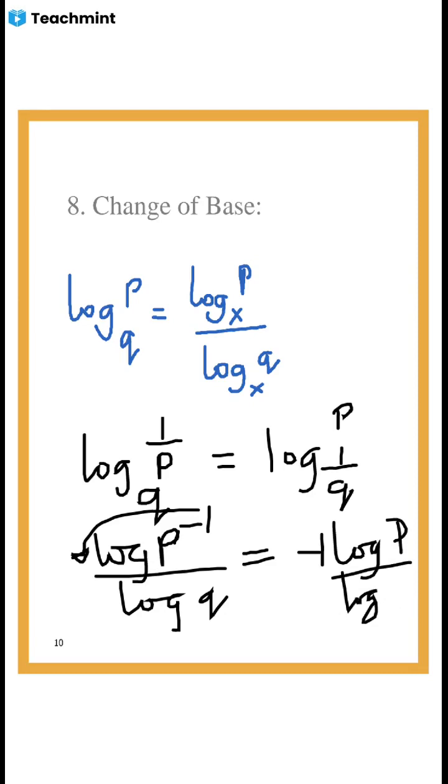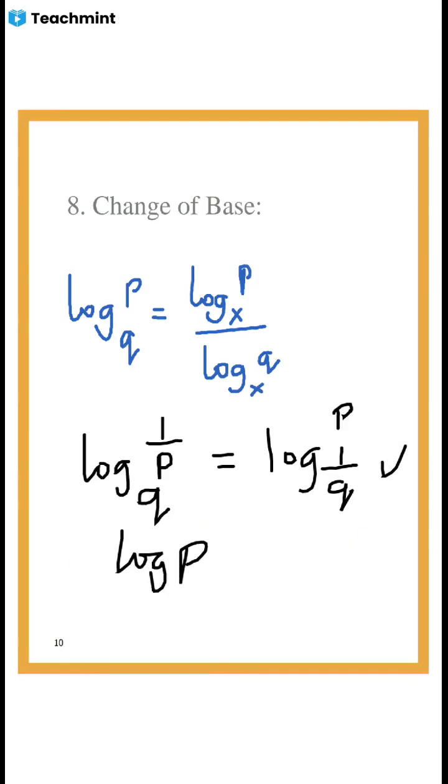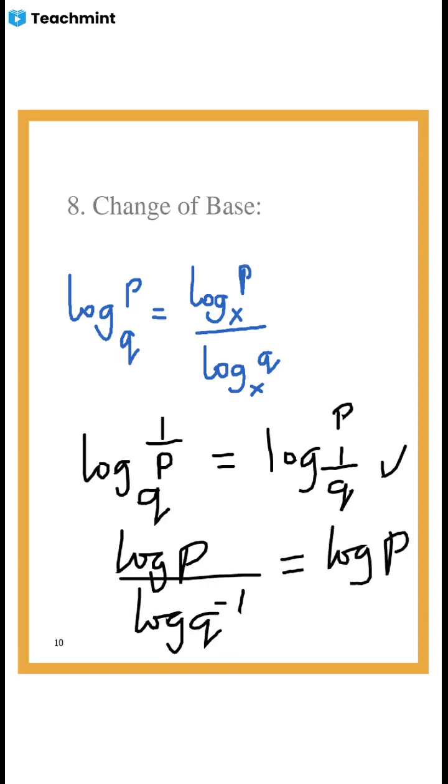So let's try and do the other side. If I try this part now, I'm going to get log p over log q. 1 over q is q raised to the power minus 1. So log p over minus 1 can come to the back: minus log p over log q.